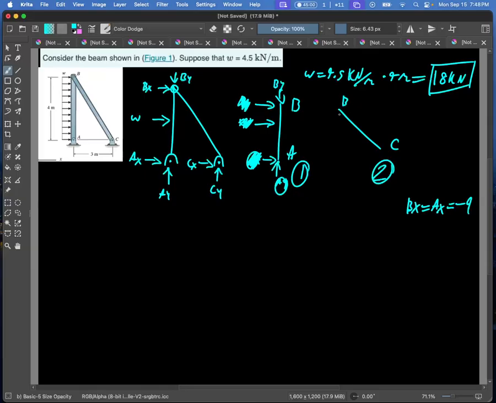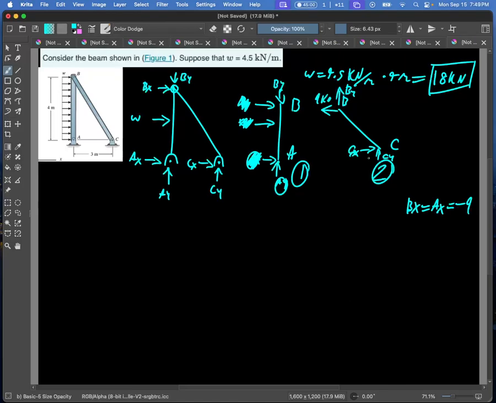Let's look at this over here. So we have BC, which is going to have whatever this was, it's going to be the opposite. So it's going to have 9 kilonewtons this way, with BY over here going up. And this is going to be whatever, CX, CY.